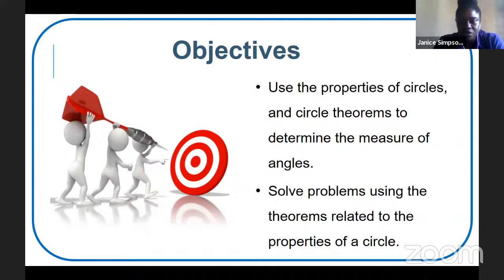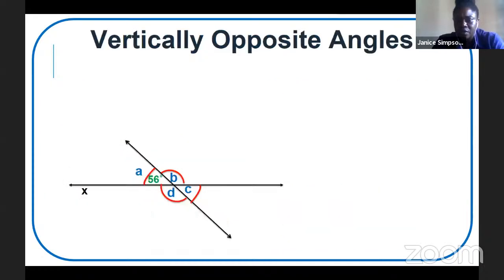As we go into that process, we're going to start with concepts that you would have perhaps been exposed to during your second form years. Those are angle properties. The first one we're going to look at is vertically opposite angles. Do you remember anything about vertically opposite angles?